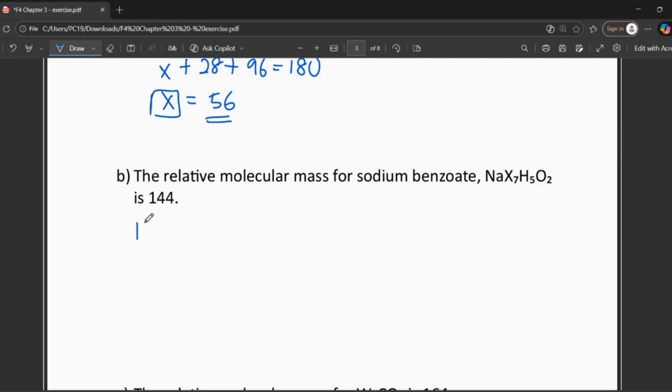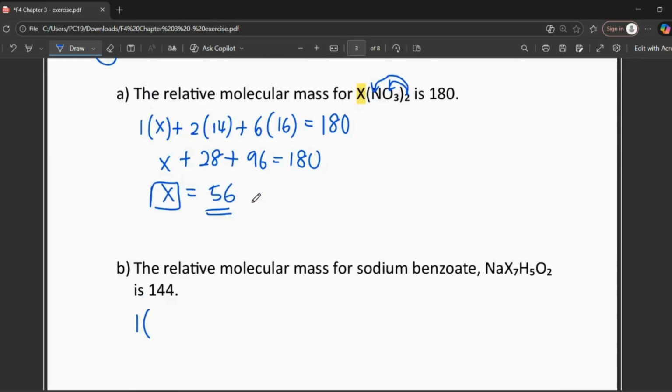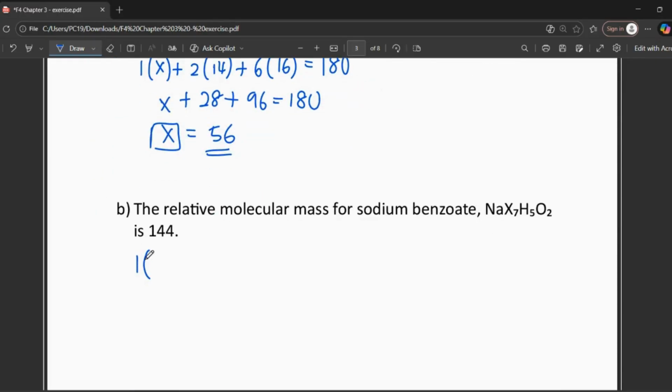We have 1 atom of sodium. Sodium has the relative atomic mass 23, plus 7 atoms of X plus 5 atoms of hydrogen plus 2 atoms of oxygen, which has the relative molecular mass 144.